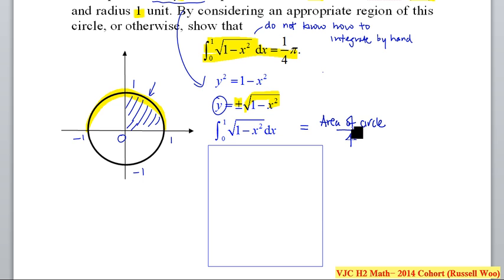Yes? Area of circle divided by 4. Alright. And what is the area of circle? Area of circle is pi, radius is 1 squared, divided by 4. Therefore, it is 1/4 pi.